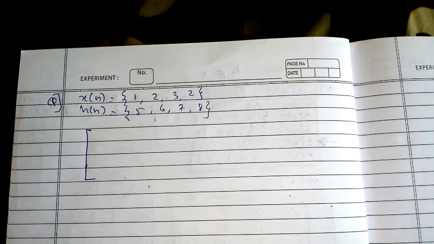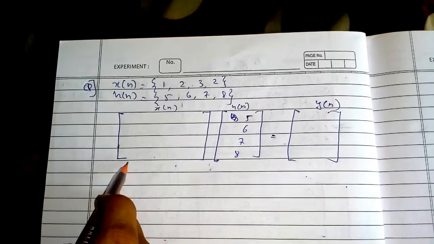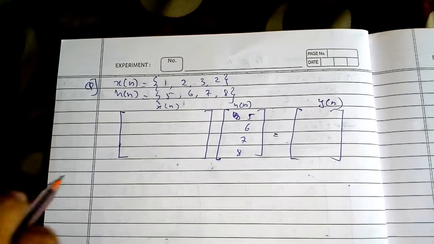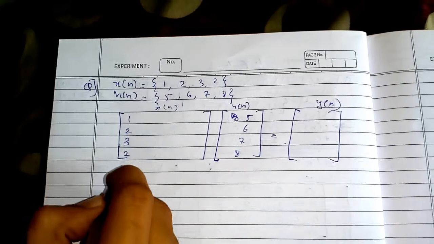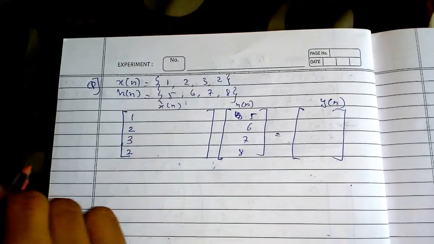As you all know, for matrix multiplication, the number of columns for this should be equal to the number of rows for this. Here I have 4 rows, and if I write just x of n, I will just have 1 column. So first I will write 1, 2, 3, 2, x of n, as the first column, as given in the question.